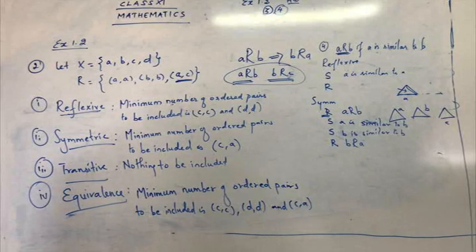Write down the relation by listing all the pairs. Check whether it is reflexive, symmetric, transitive, and equivalence.